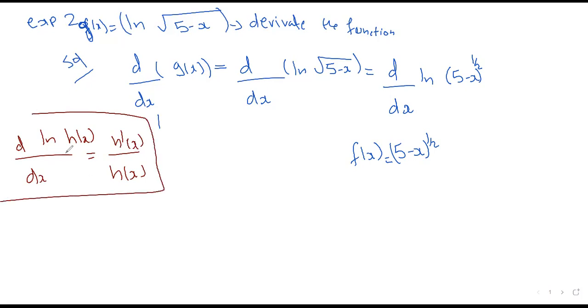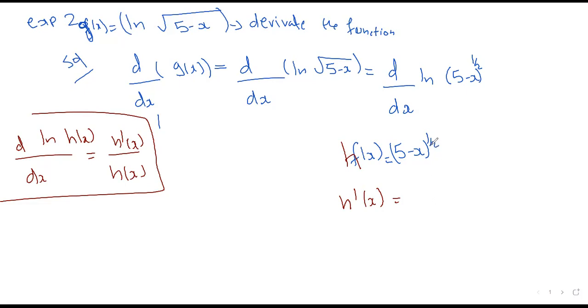This is the format, and here our h of x is this and h dash of x is, what is h dash of x in this case? Do you know that? Yes. So you can take 5 minus x as u. Then I take this as u and multiply the derivative.